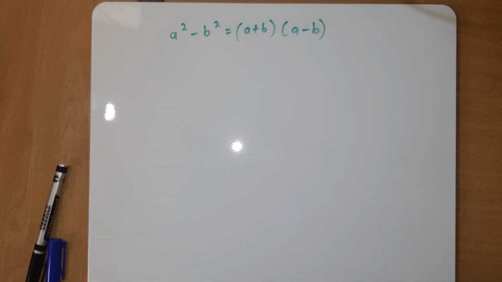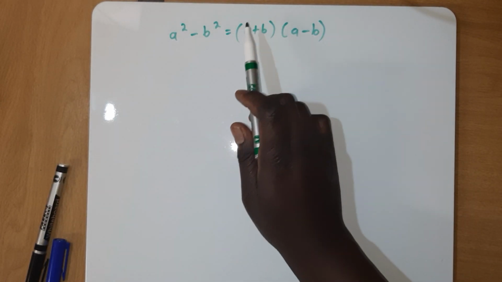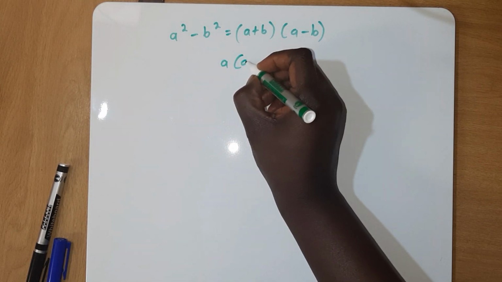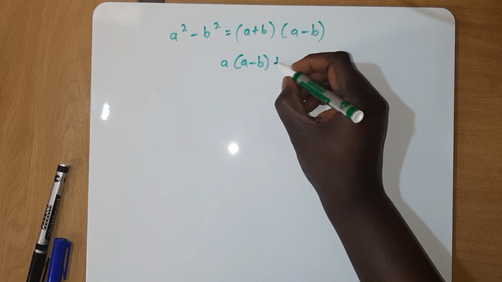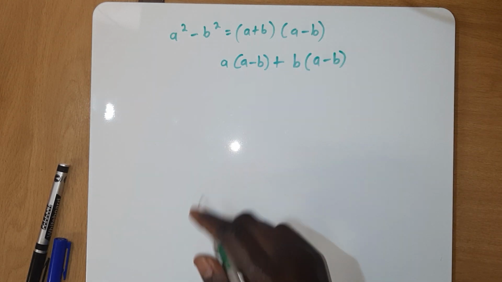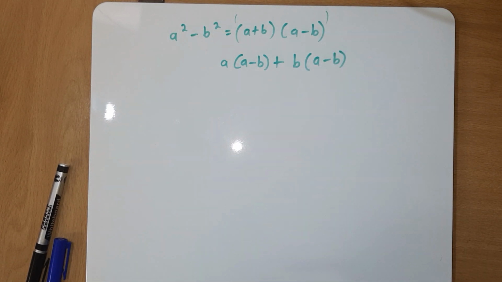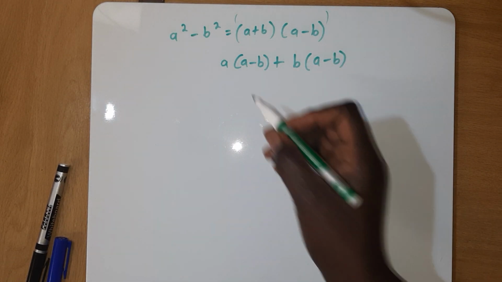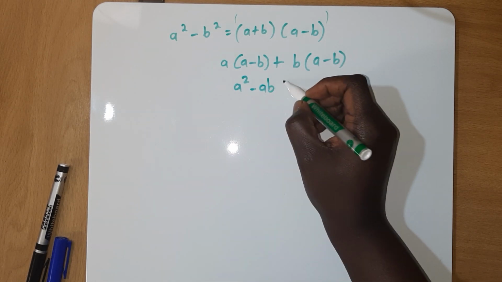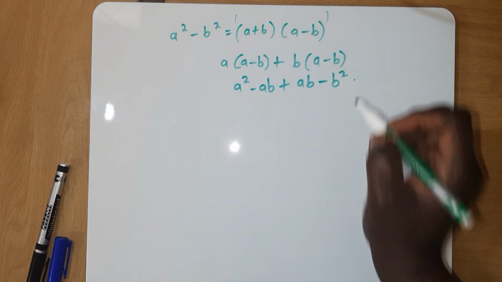How can we just prove it quickly? Let's go in reverse. Let's say it's a into a minus b plus b into a minus b. We just want to prove that the right hand side equals the left hand side. So this is a squared minus ab plus ab minus b squared.